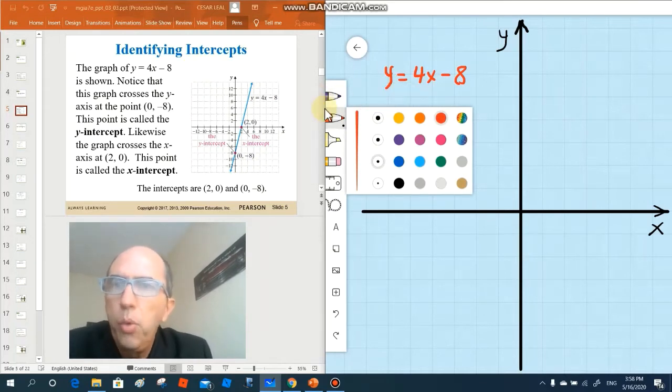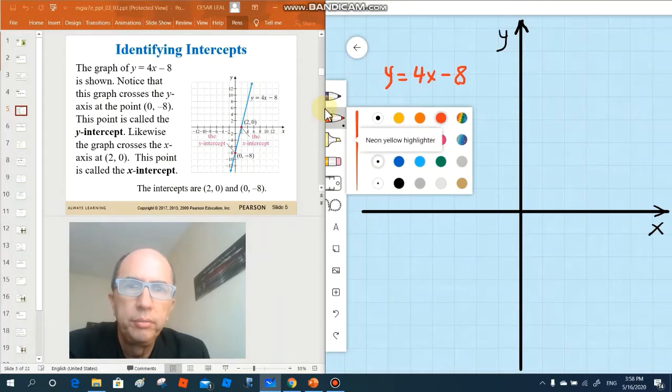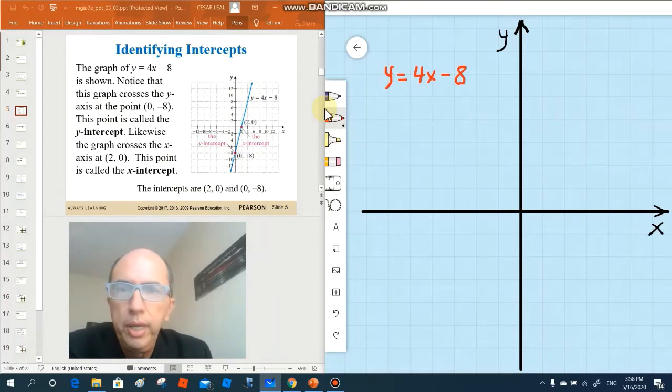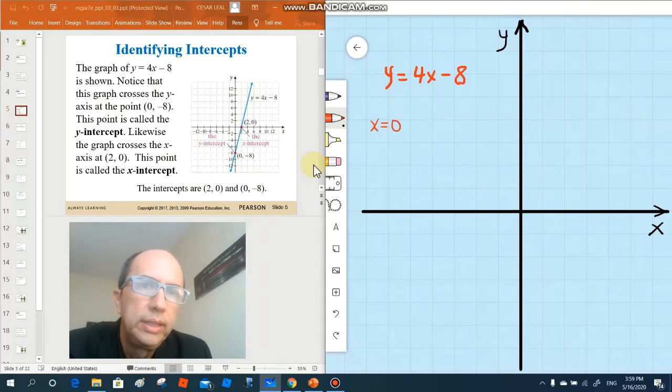The y-intercept of this function is where the graph crosses the y-axis, and that means where x equals 0.